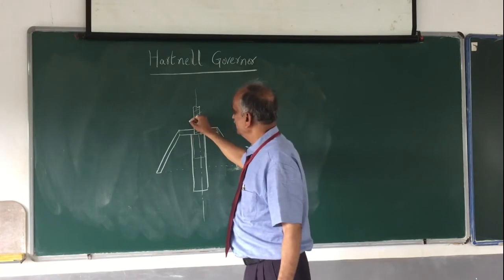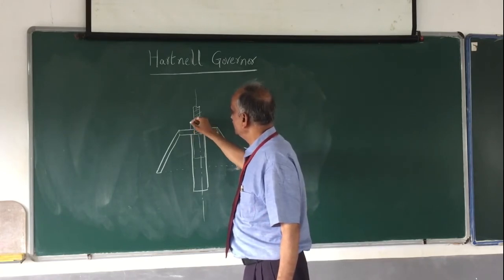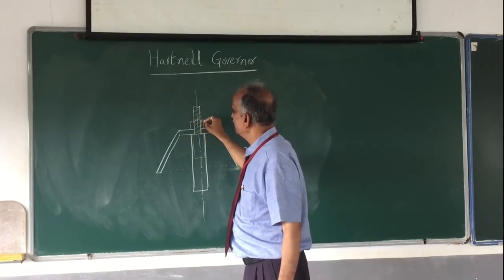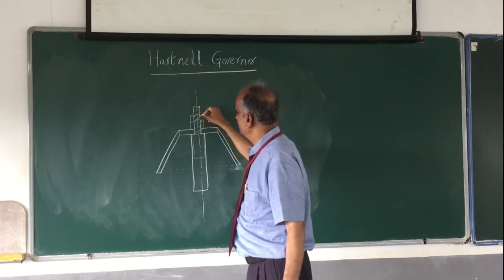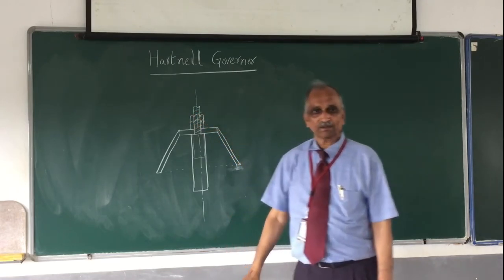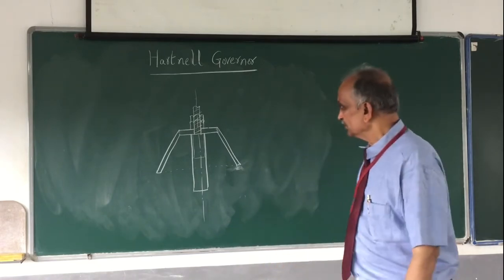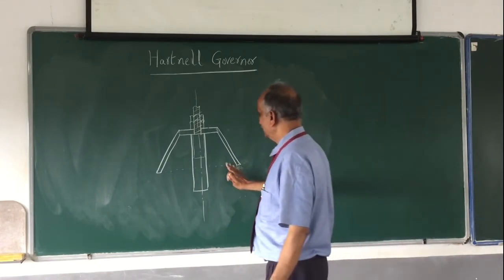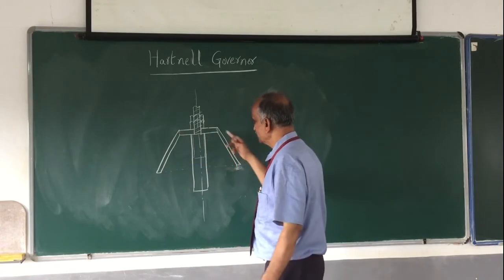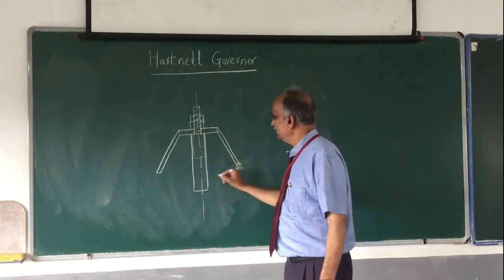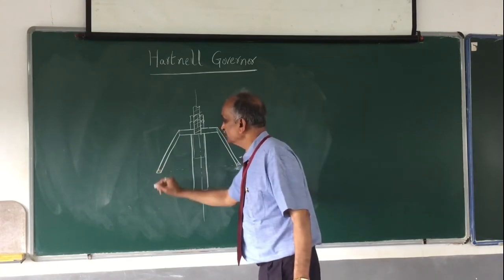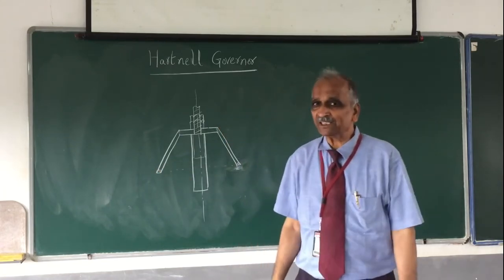And probably you insert some nuts here, and you may have one more nut, what we call a lock nut, so that it doesn't come out. Now, to this skeleton, at the bottom end, we have what are called bell crank levers.